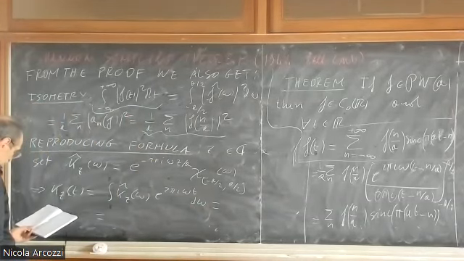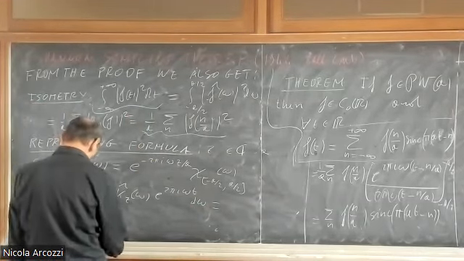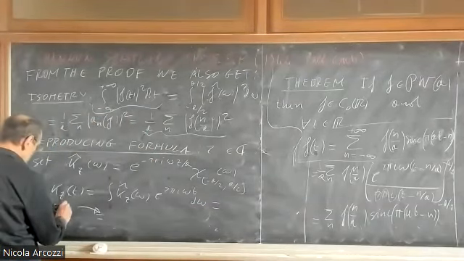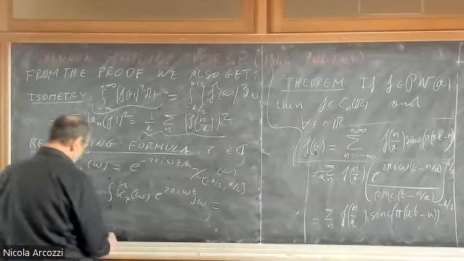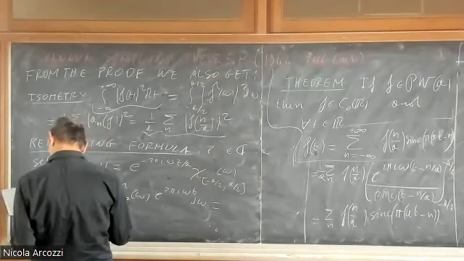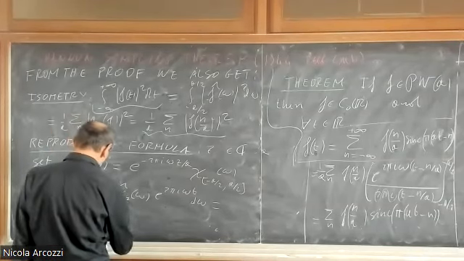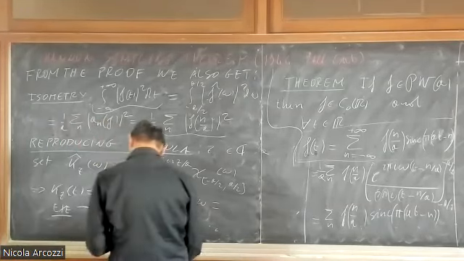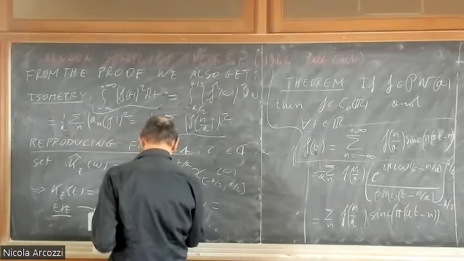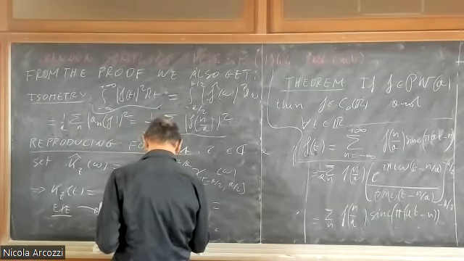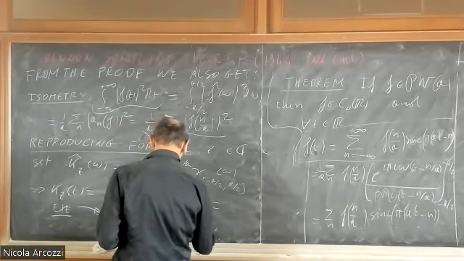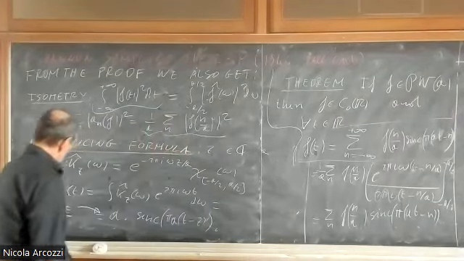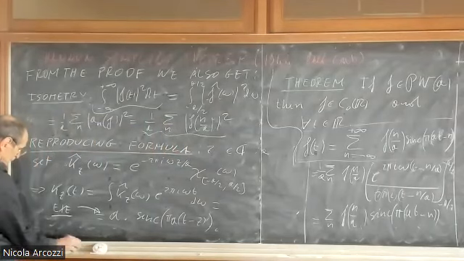So what we get, if you do the calculation, is almost the sinc. It is a times the sinc of pi a times whatever it is. So consider this function here.